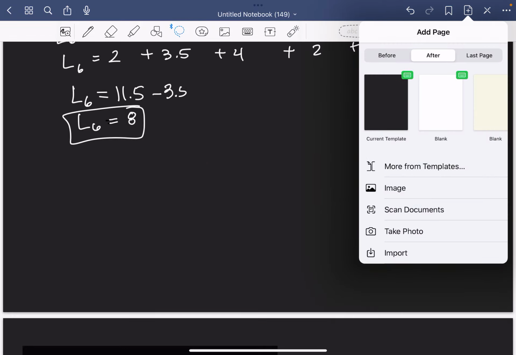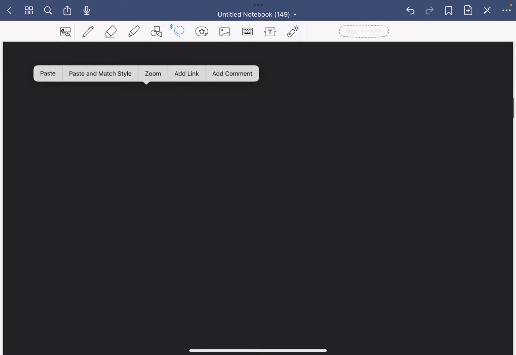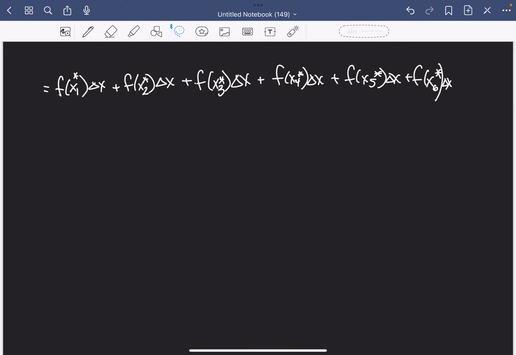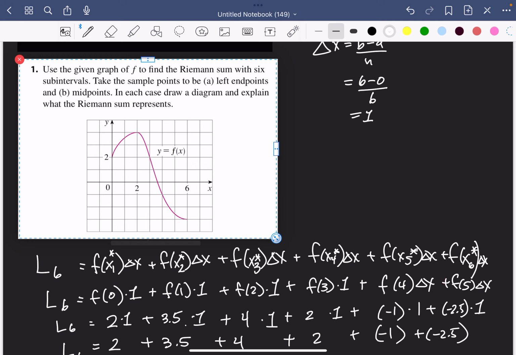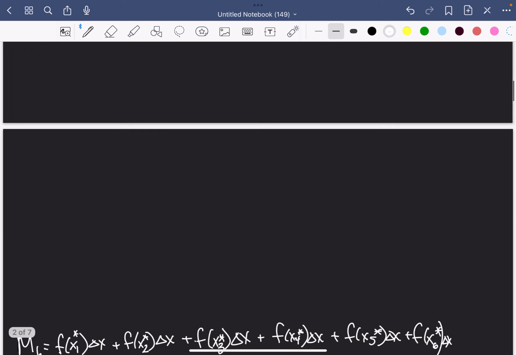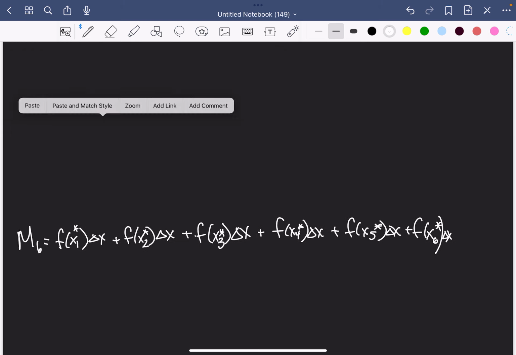Actually, let me do a new page after. I'm going to paste. This is what it's going to look like, but in this case, we're going to sample at the midpoints, and we're going to use 6 subintervals, right? So let me get my picture again, cut, bring it down here, and paste.